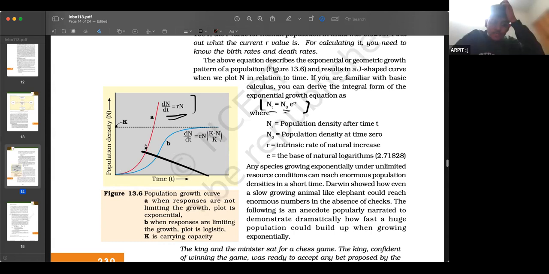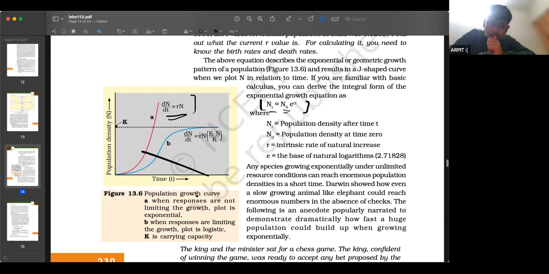So the graph will start saturating, because there will be less change on the y-axis when the x-axis increases, because time cannot slow down or speed up. It will go on at its pace. But the population density change will become slower and slower.